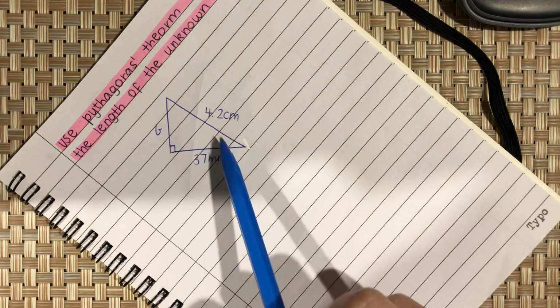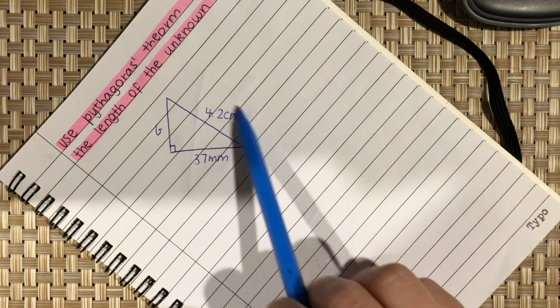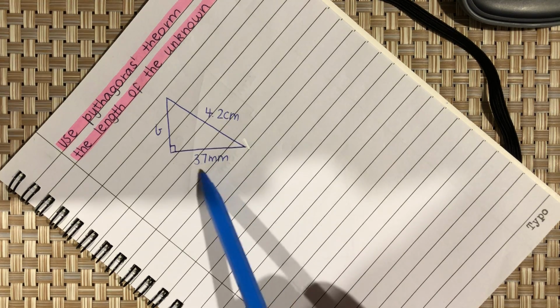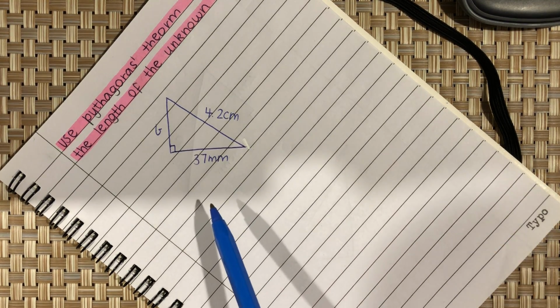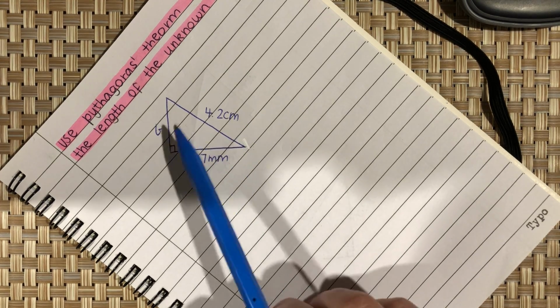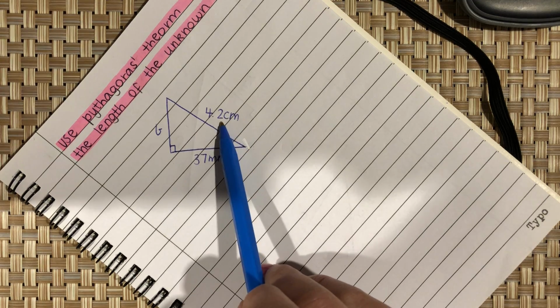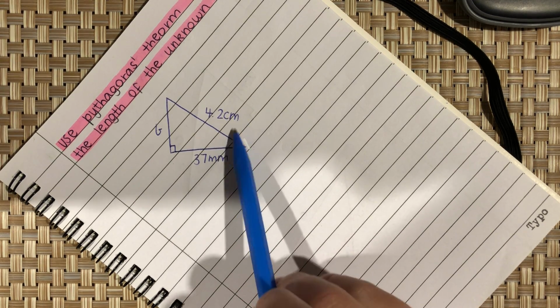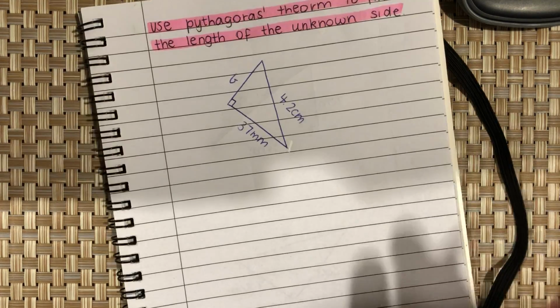We're not allowed to calculate an answer that has a length in centimetres and then a length in millimetres. It needs to be in the same units. So, the question doesn't tell us which one it needs to be in, but let's just put it into centimetres, okay? So how do I change millimetres to centimetres?